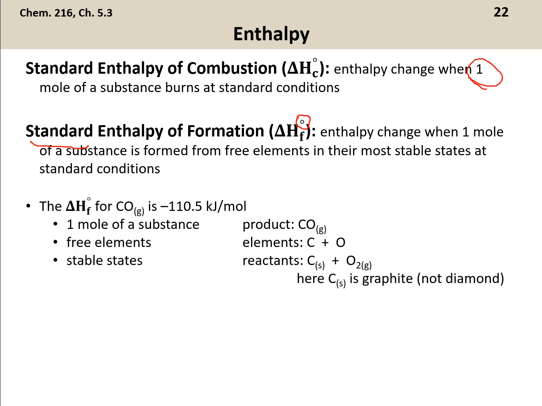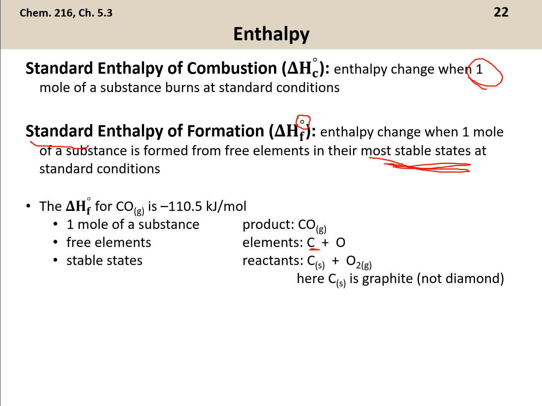So I'm going to take carbon and oxygen, and I'm going to make those into CO. But this part here that says in their most stable states, what this means is carbon in nature by itself is typically just a solid. It's actually graphite, what you use in pencils, not diamond, which is another form of carbon.